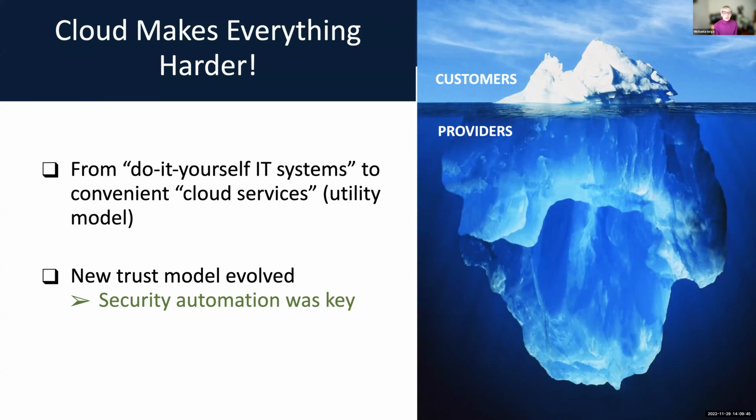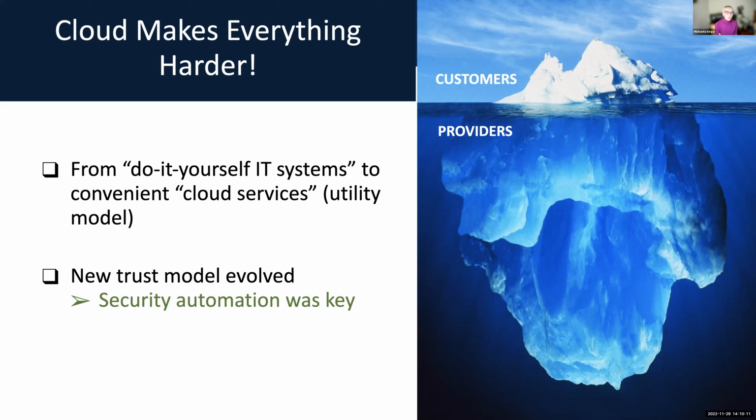Years back, when we were working with do-it-yourself IT systems, it was in a way easier to address the security requirements, because we were able to have clear visibility into the entire stack, to wrap our arms around the entire system, if you want to say.